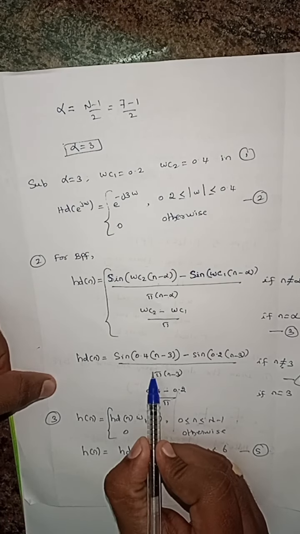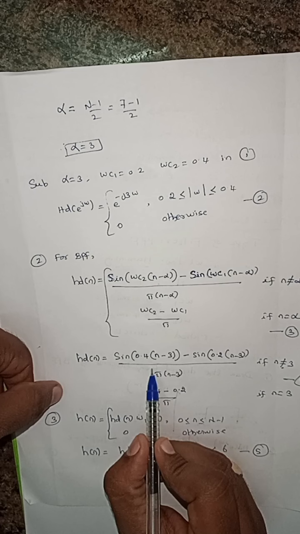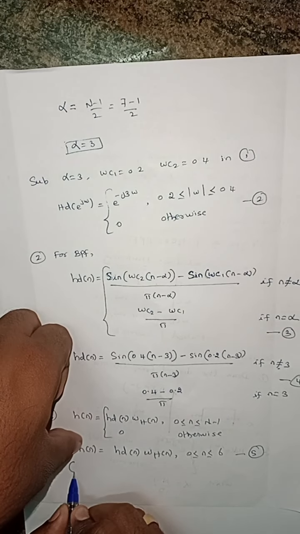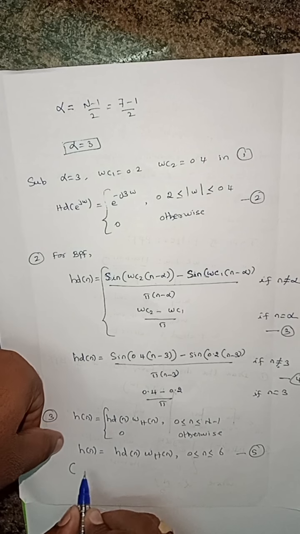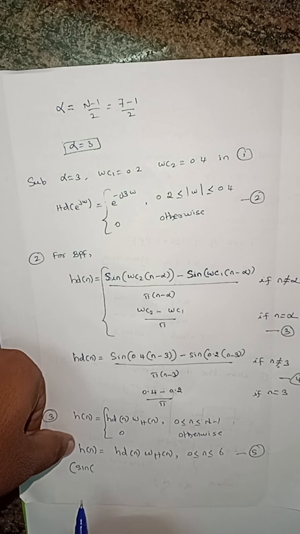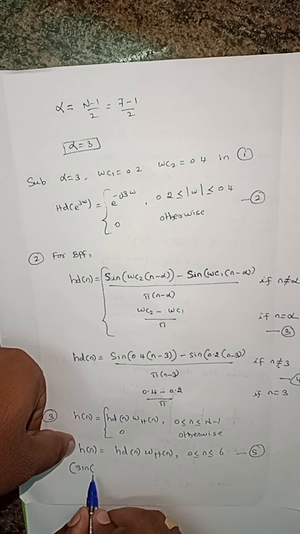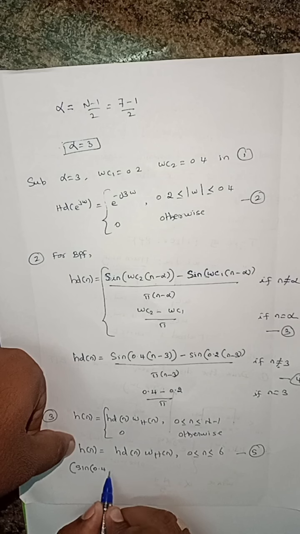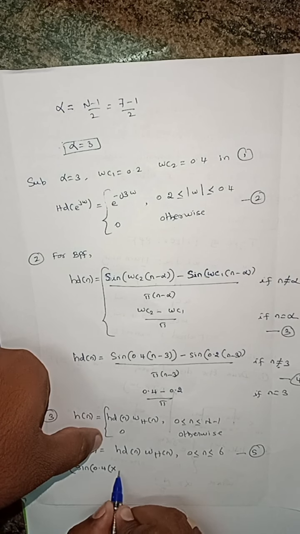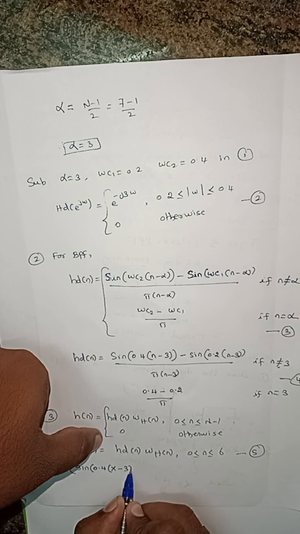Now this is the basic HD of n equation. Before substituting this equation in the formula, you please write it like this: sin open bracket, what is omega c? 0.4 open bracket, instead of n, I am going to substitute the variable x minus 3.